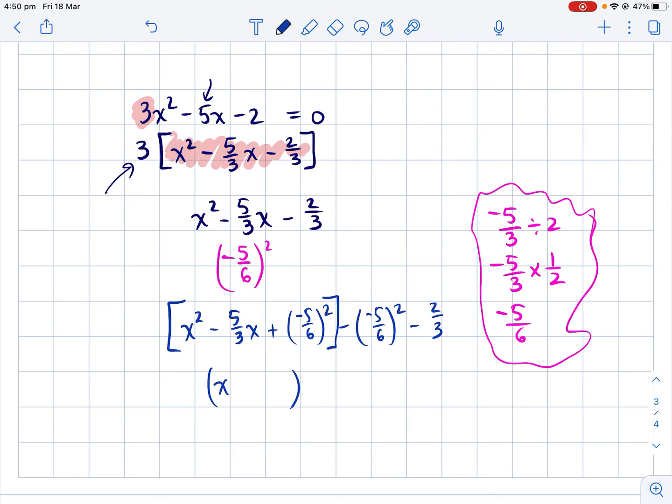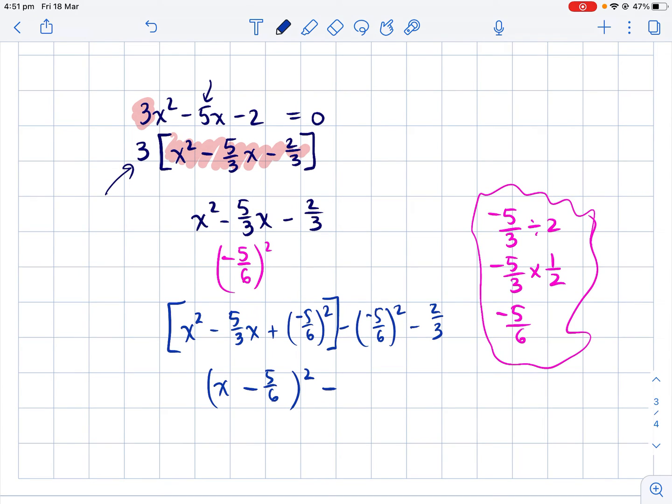So that negative 5 over 6 goes inside my brackets. On the outside, negative 5 squared is 25, 6 squared is 36, and I've got minus 2 over 3 out there as well. Bit of tidying up.